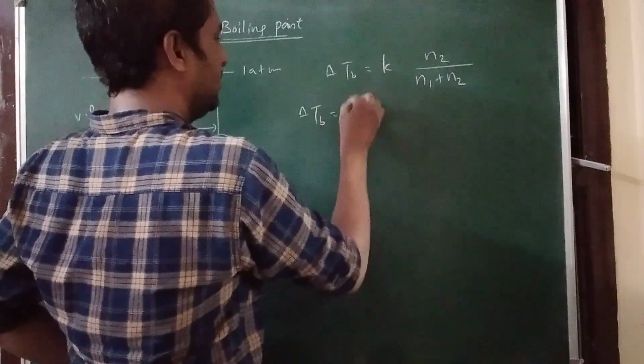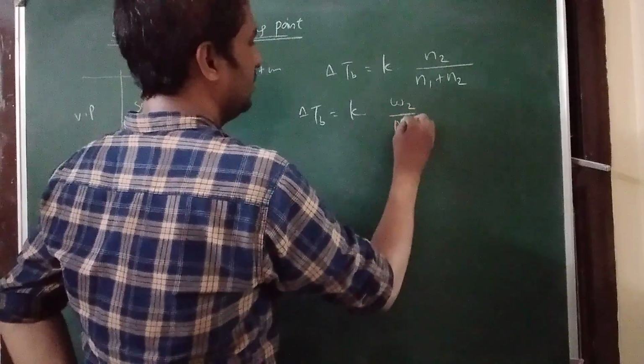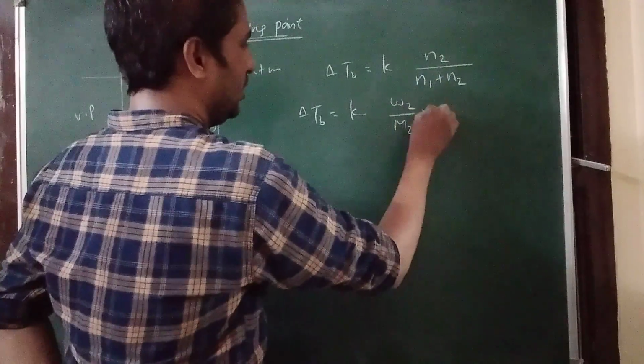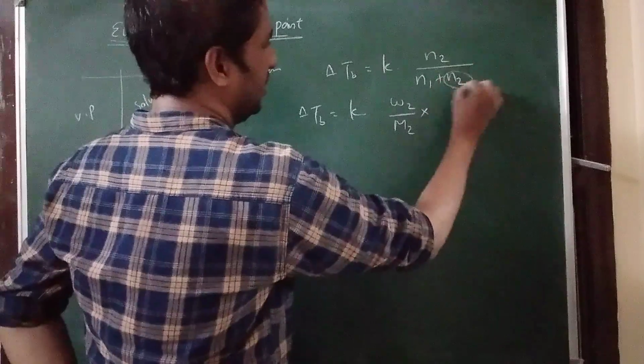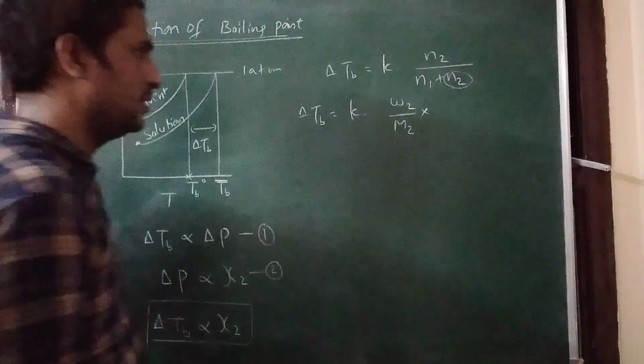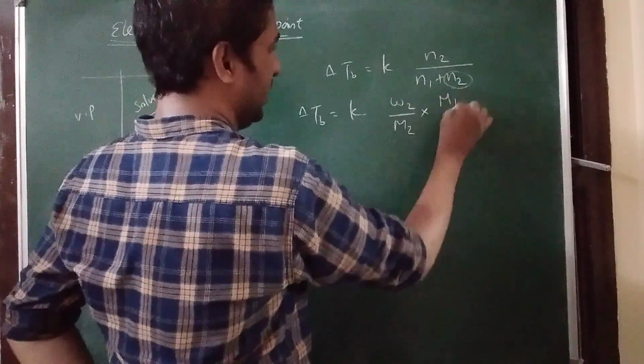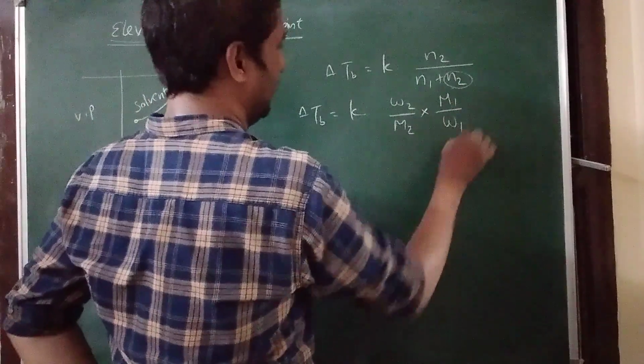Delta TB is equal to K into N2, meaning weight of solute by molecular weight of solute, into, here we can neglect the number of moles of solute when compared with the number of moles of solvent. For the solvent, moles means weight by molecular weight, so here we write M1 by W1.